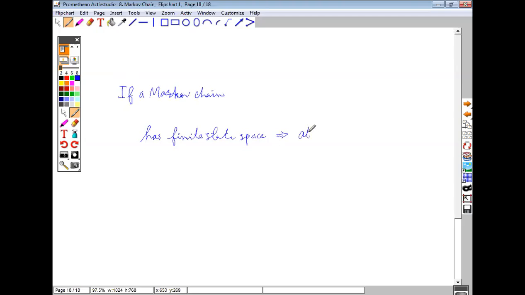Again, you are not guaranteed that there will be only one, at least one stationary probability distribution. This proof needs a lot of number theory and some measure theory, which we don't have in the syllabus.